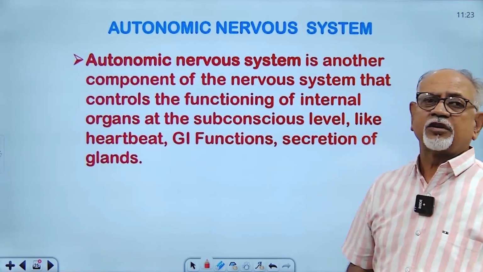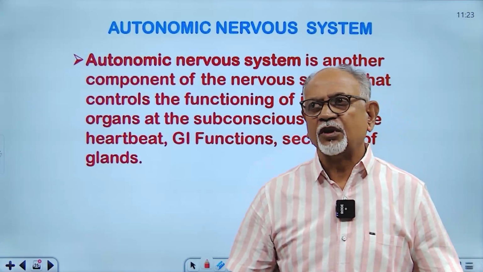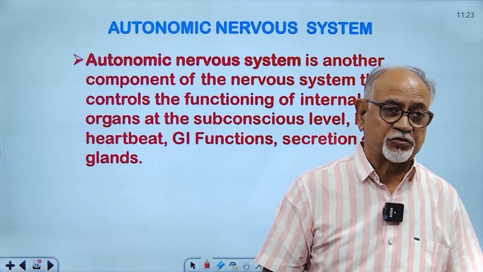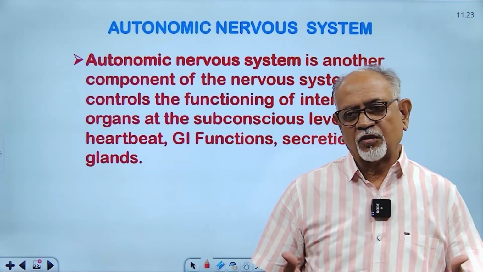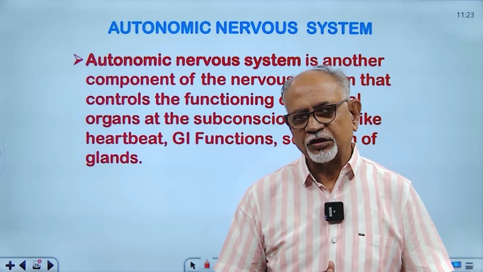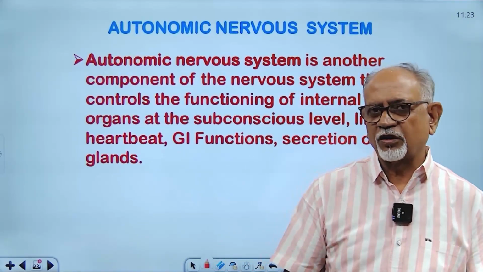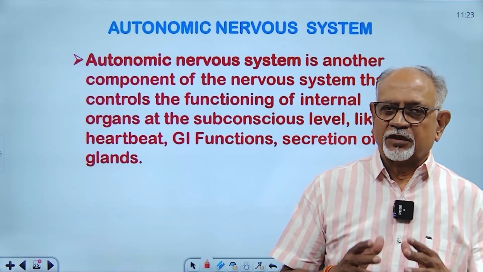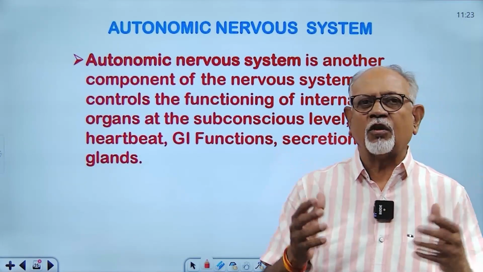Another component of the nervous system is the autonomic nervous system, which functions below our consciousness. It controls almost all the vital organs of the body, like the heart. The autonomic nervous system has two components.